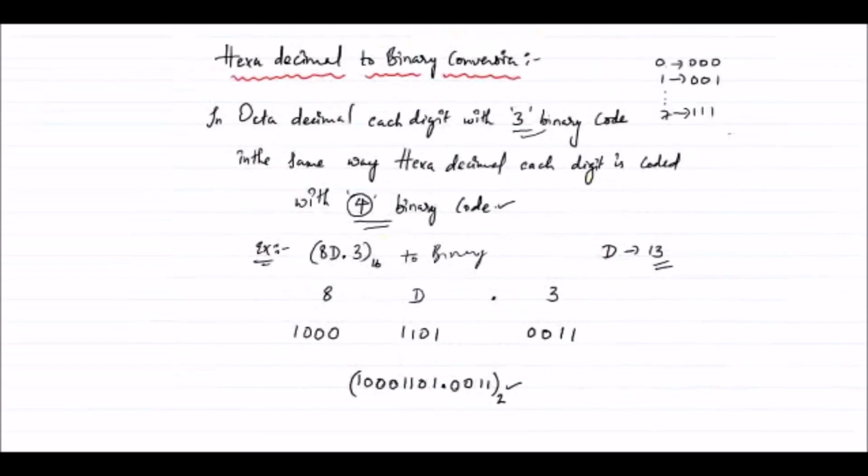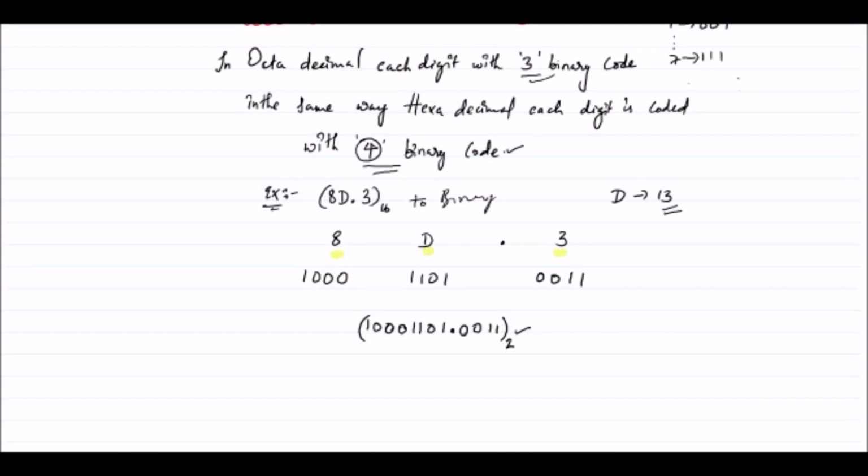Considering that, the binary code of each hexadecimal digit can be represented. So I am taking an example, 8D.3 base 16, which is to be converted into binary. I have written each digit: 8, D, 3. Each hexadecimal digit will be represented with 4 binary digits.